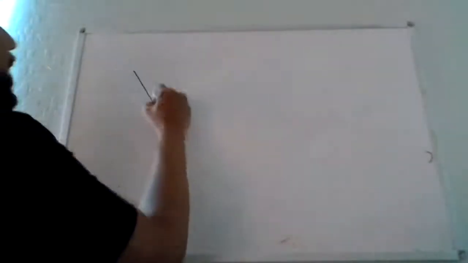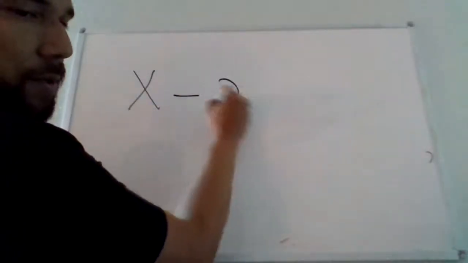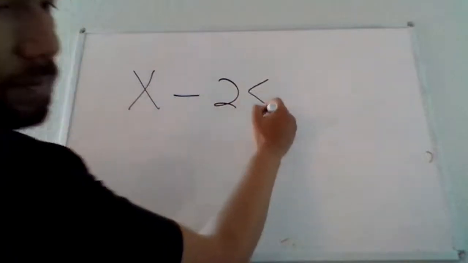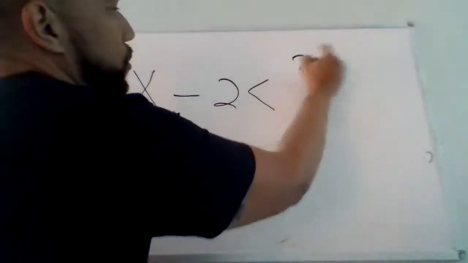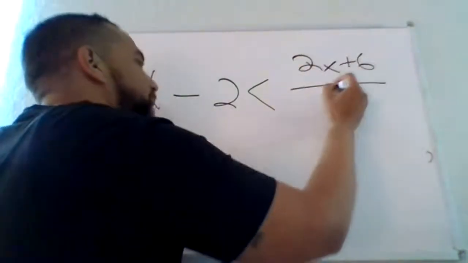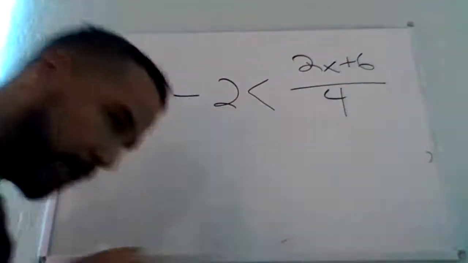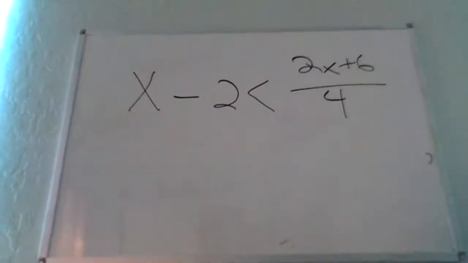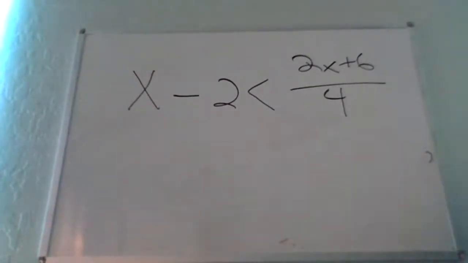So let's do another one, right? So that's going to be x minus 2 is less than 2x plus 6 divided by 4. I'm going to start the timer again.